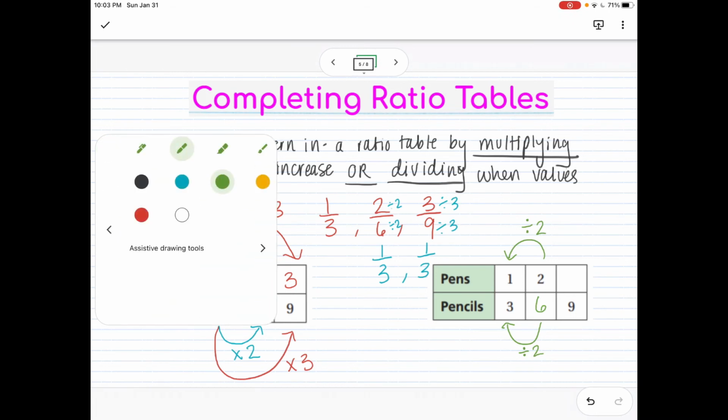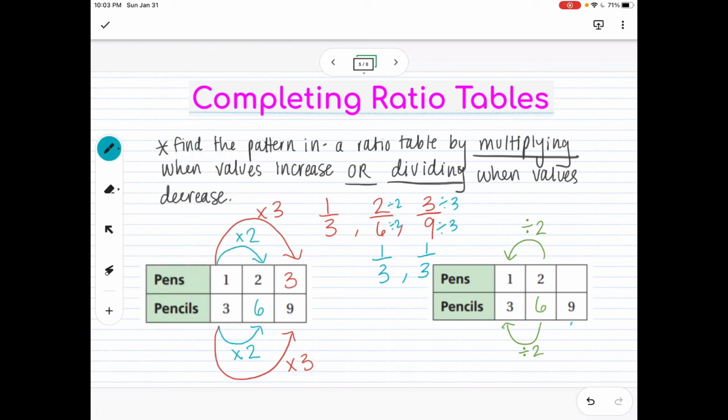And then same thing, if I was going backwards again on this side, what do I divide by to get from 9 to 3? I'd have to divide by 3. And same thing here. What would I have to divide by to get to 1? Of course, in this case, it would have to be 3 divided by 3 to get to 1.